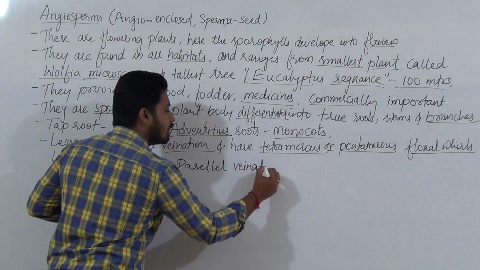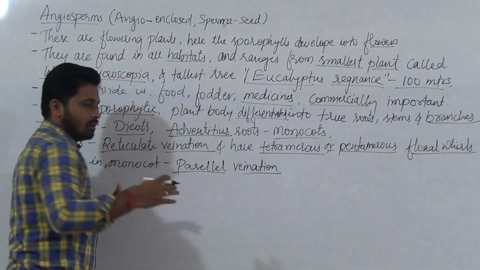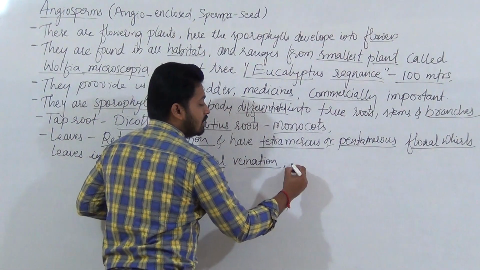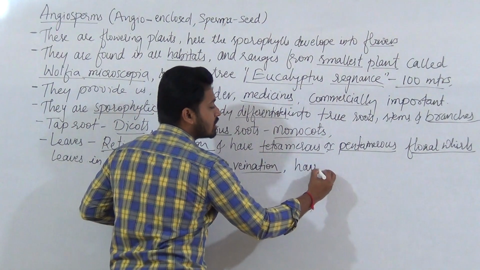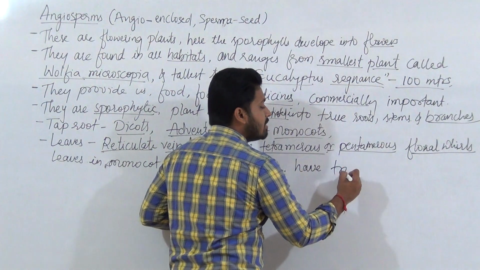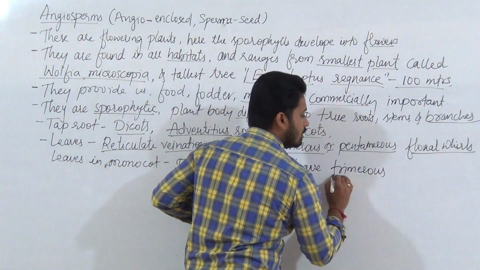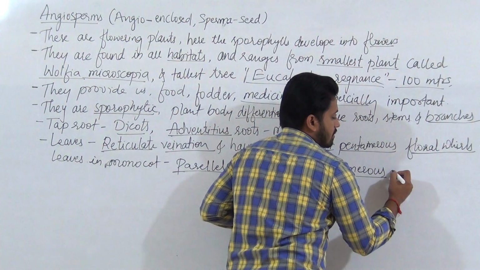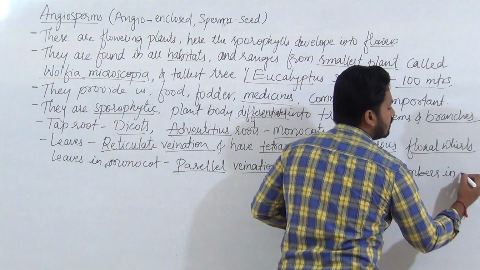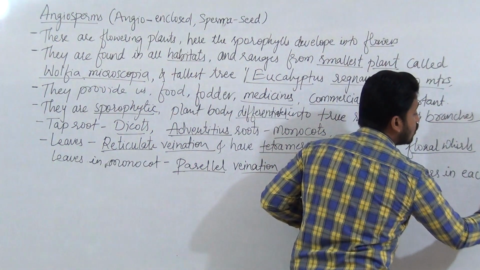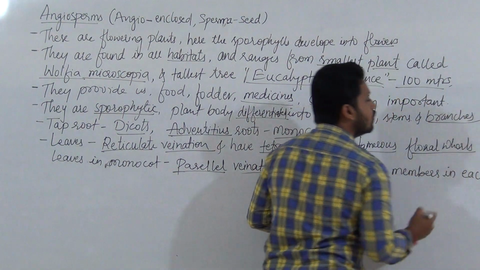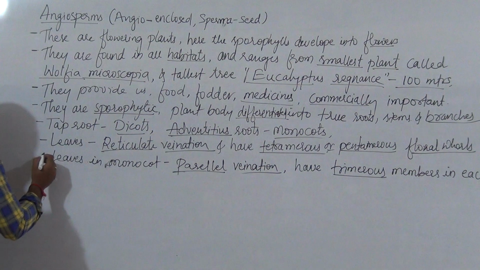You can already study this in the morphology of flowering plants chapter, parallel venation, and have trimerous, that is three, members in each floral whorl, okay.